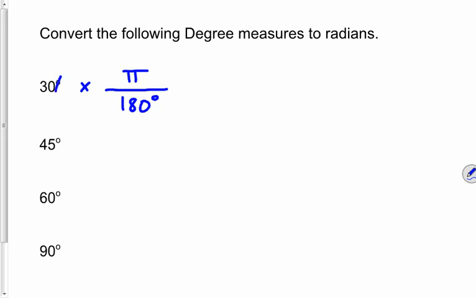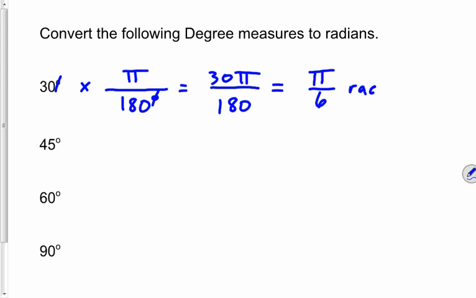The degree units will cancel out and we will be left with radians. So if we multiply here, we get 30 pi over 180. And then we can reduce 30 over 180 to 1/6.